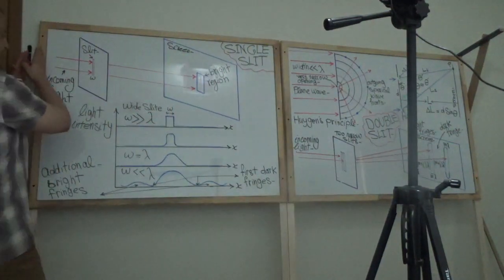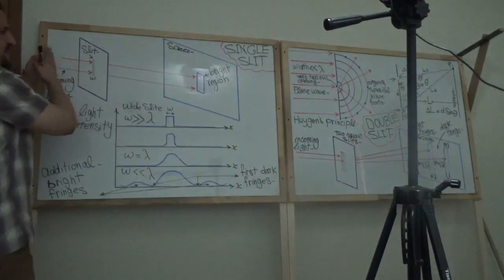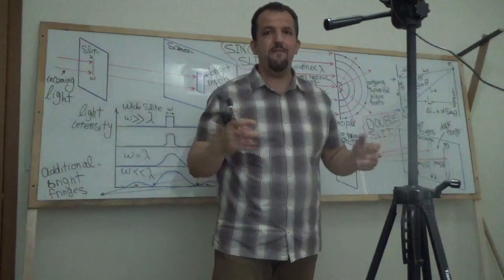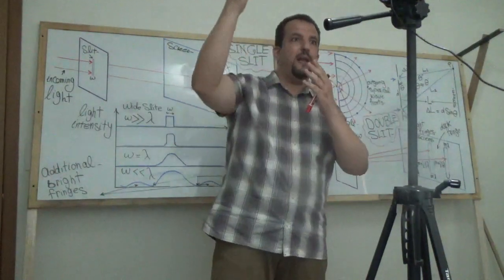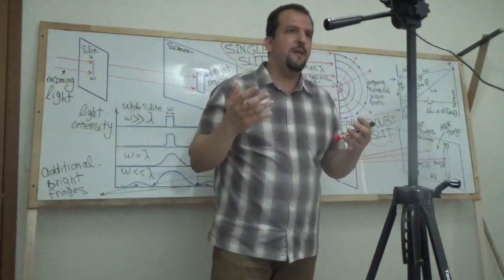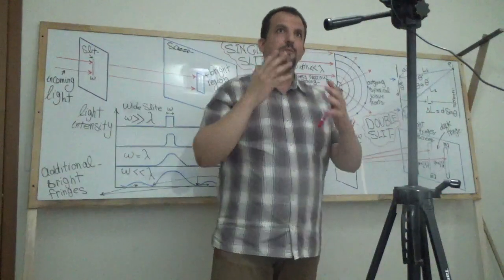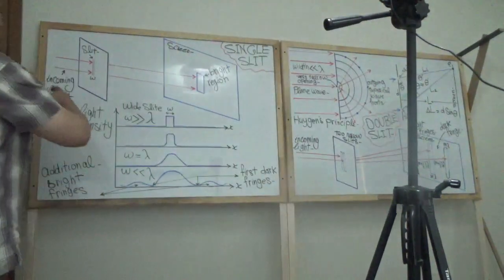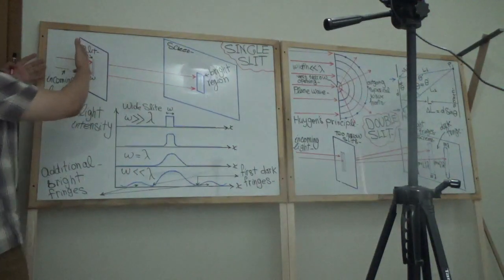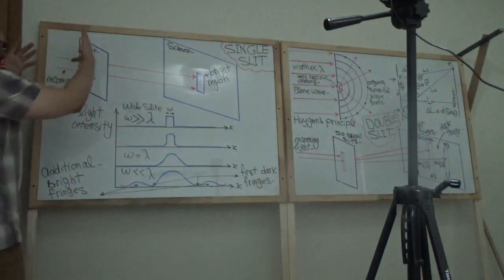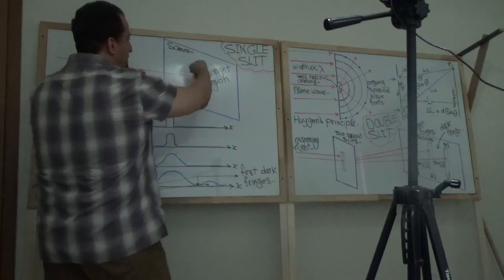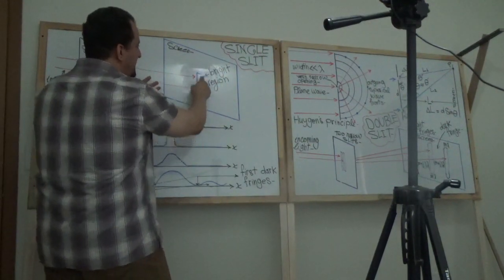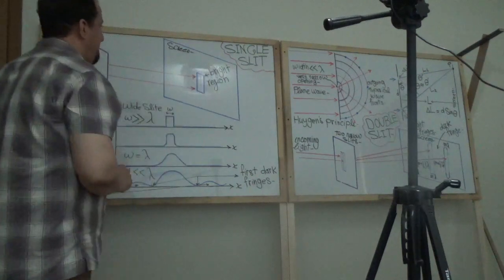If we have incoming light, it can be laser light because it has one wavelength, or you can use light from the sun because the sun is far enough away to give approximately plane waves. If we allow this incoming light to go through the slit, the result will be a bright region that you can see right here.